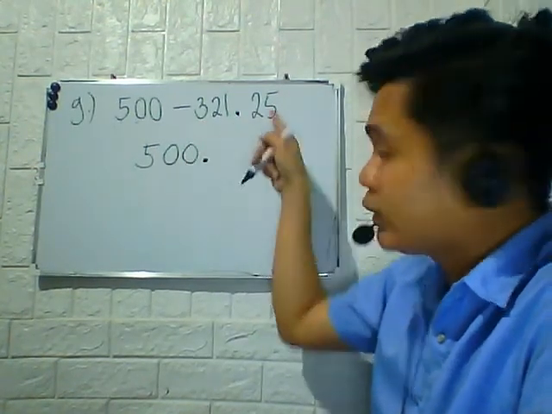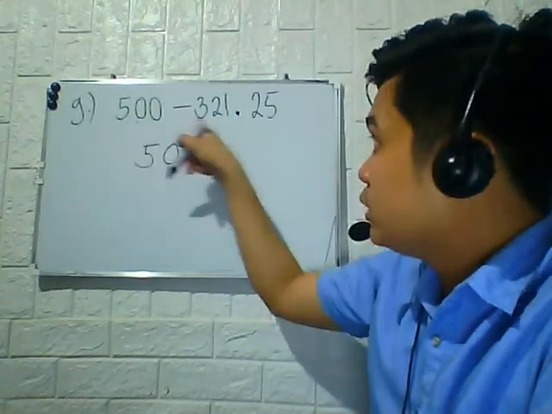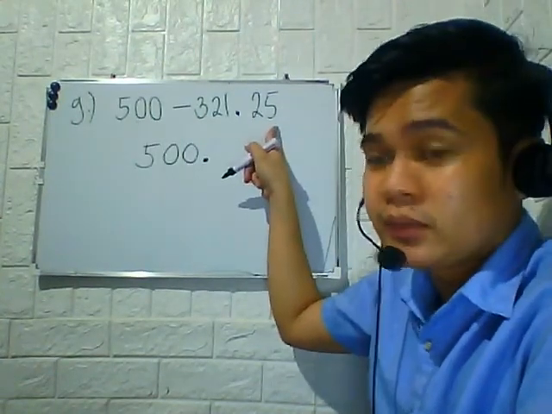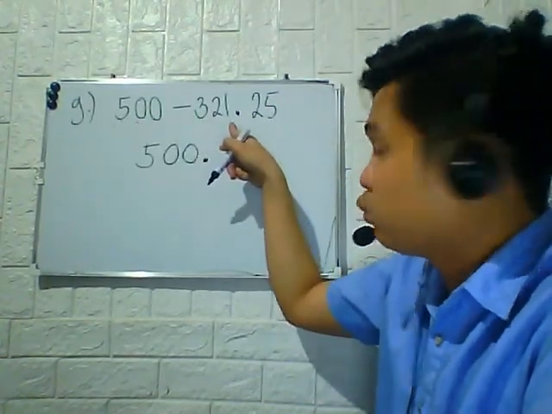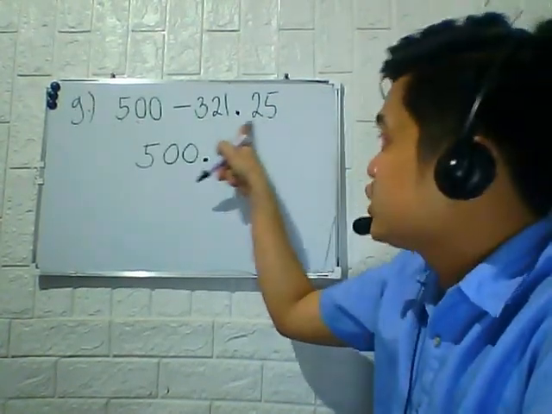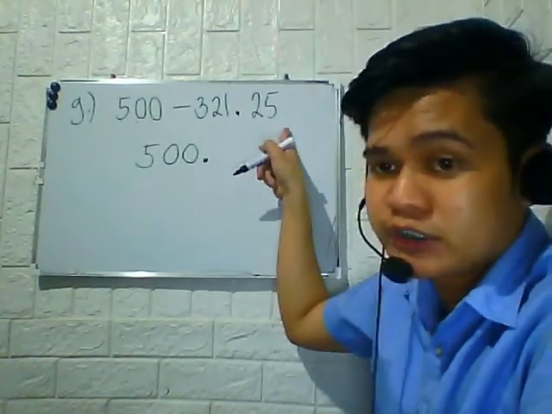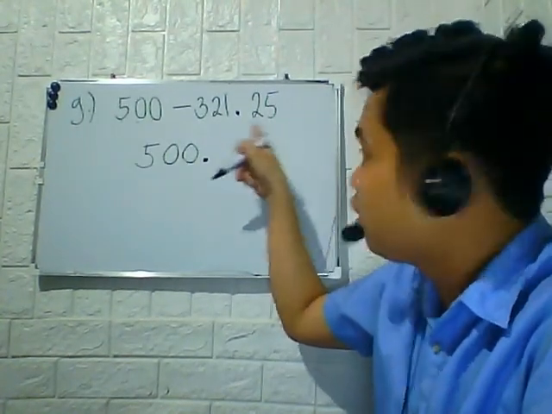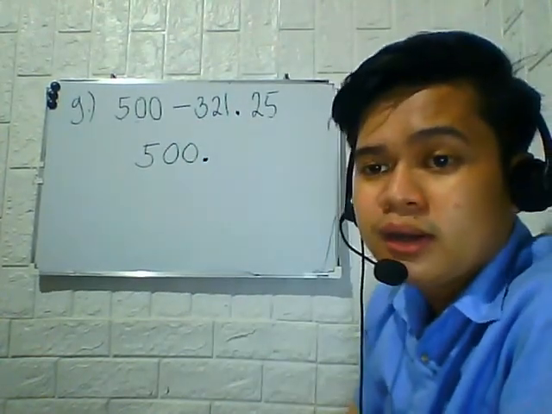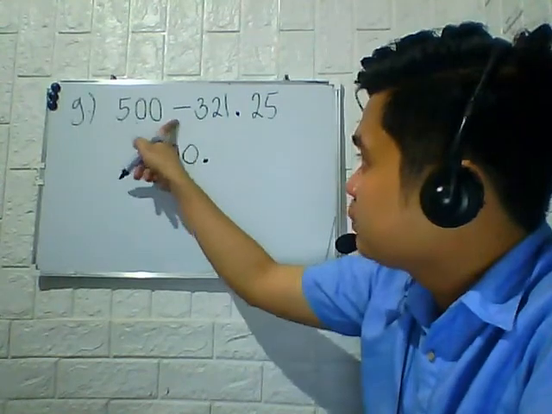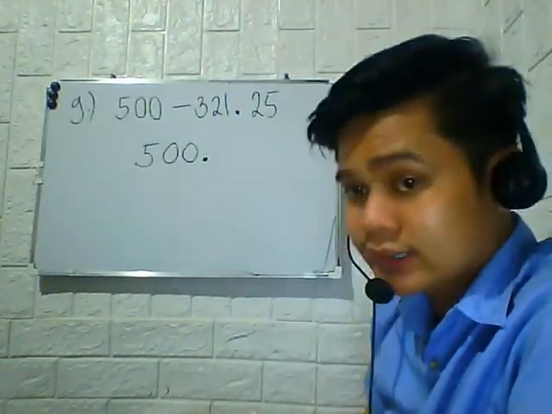Just because this one appears to have more digits than this does not mean that we write it first. Still, 500 is greater than 321.25. This one just appears to be greater because it has more digits. But if you are thinking of writing this one above when you subtract, you're thinking it wrong. Always remember, in subtraction, whichever number comes first, that is the one we put on top.